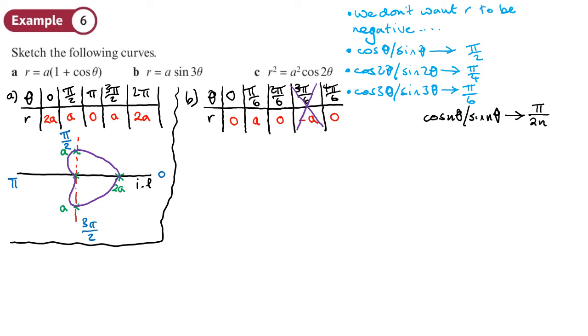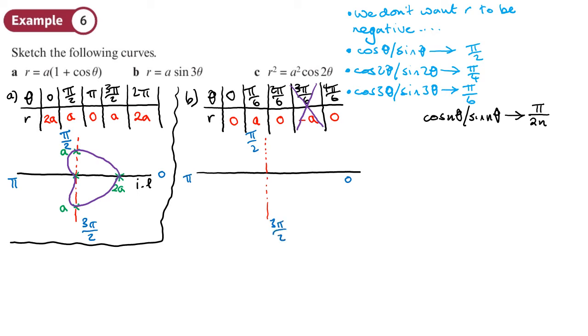So let's plot this. So we'll just draw our initial line, so you don't think of it like an x and a y axis. And we're just going to put a line in here so we can see where pi over 2 is. So 0, pi over 2, pi, 3 pi over 2.